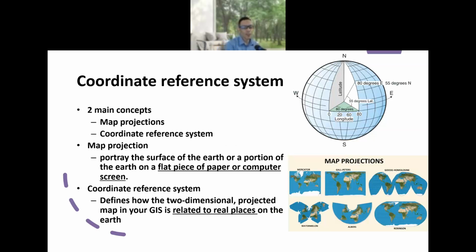There are people who believe that the earth is flat, that is different. But for the majority of us, we think that the earth is not flat, it's a sphere. So how can we project the map from sphere to flat? There are various map projection systems.